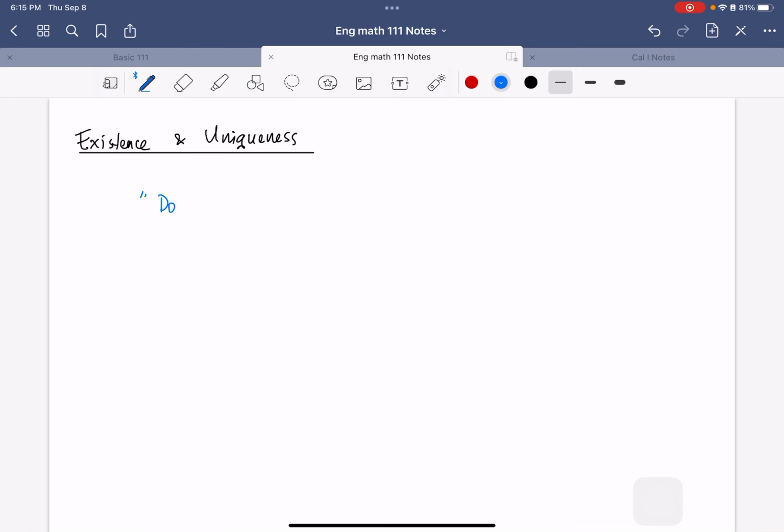So if a solution of the problem exists, is it unique?